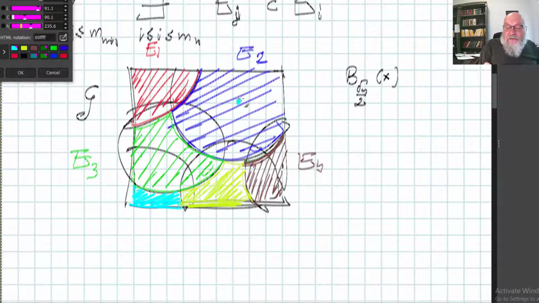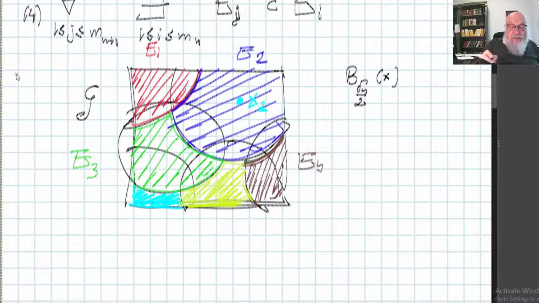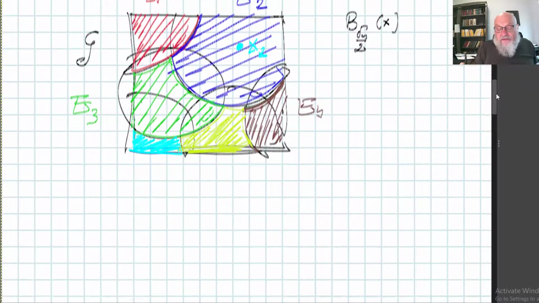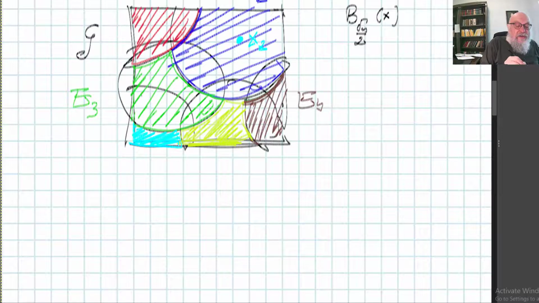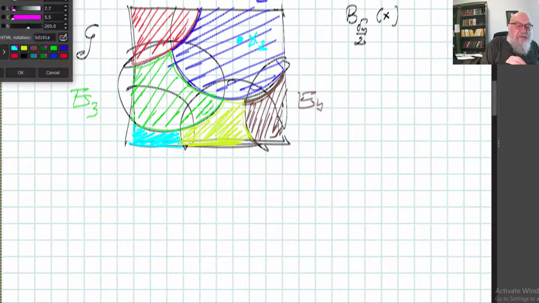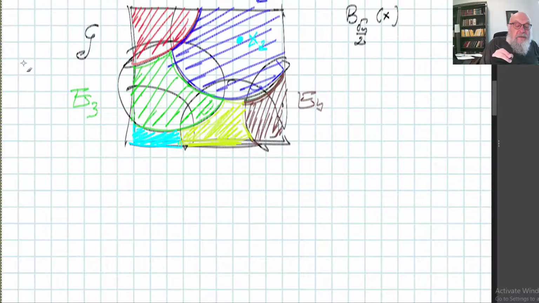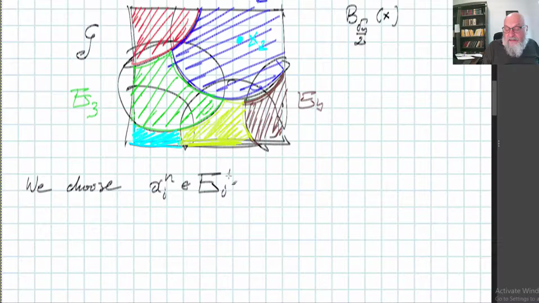Of course, you notice that each of those balls has a center. So in such a case, we can choose from these sets one particular point. We choose g_{i,n} belonging to E_{i,n}. So that's an element that belongs to this set, and it is going to be fixed for us.